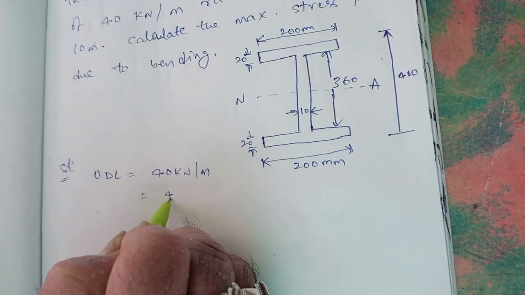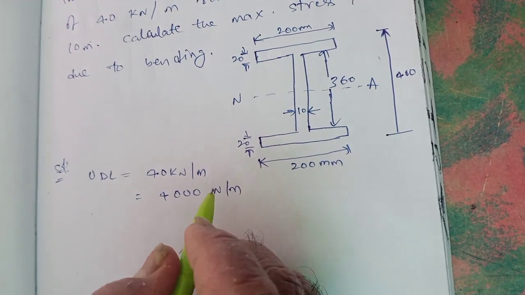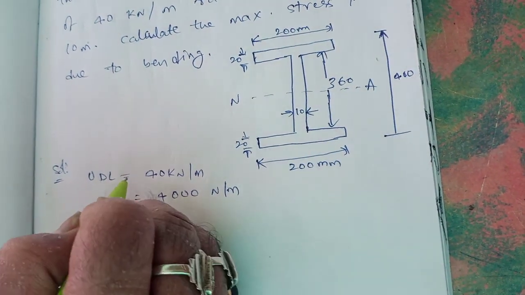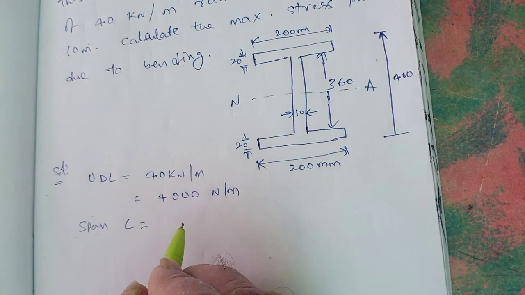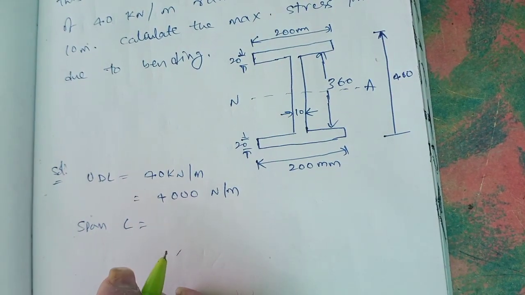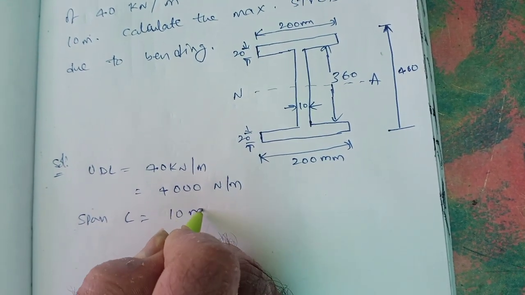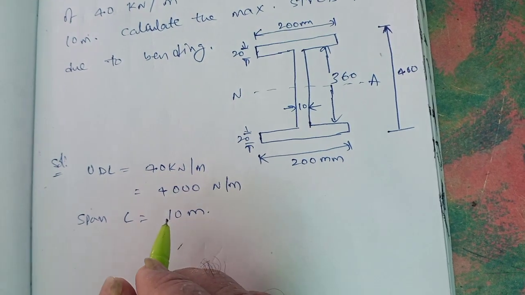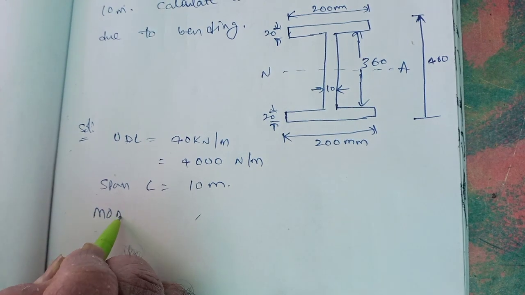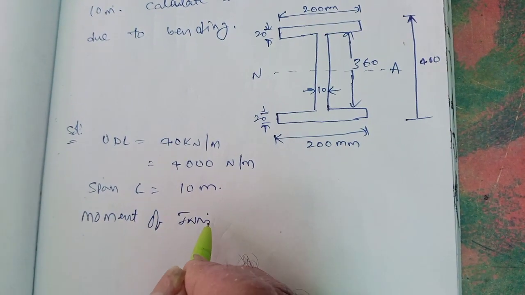We can also write it as 40,000 Newton per meter, and the span L is 10 meters. Next, moment of inertia.